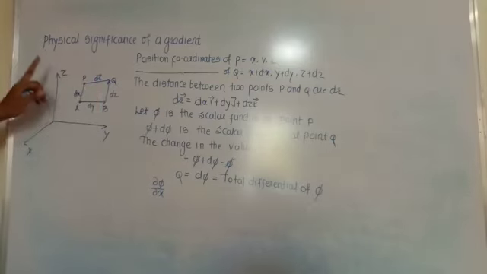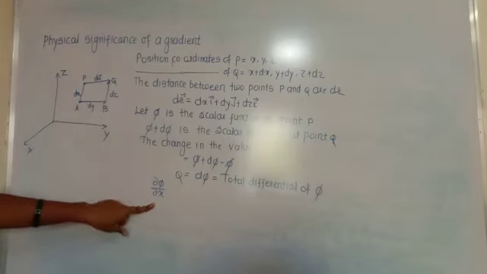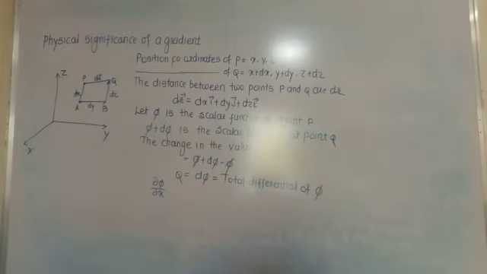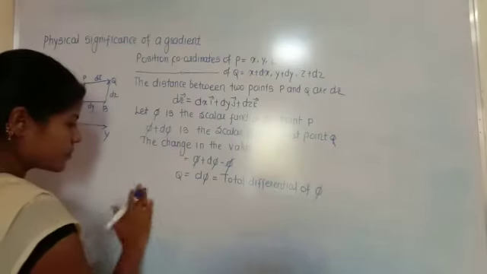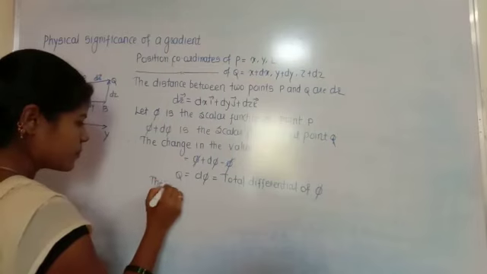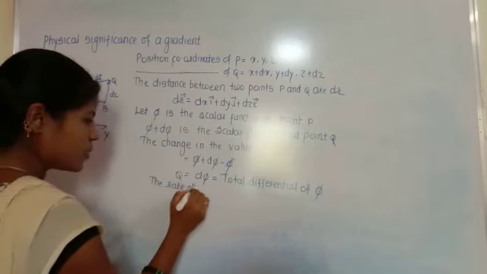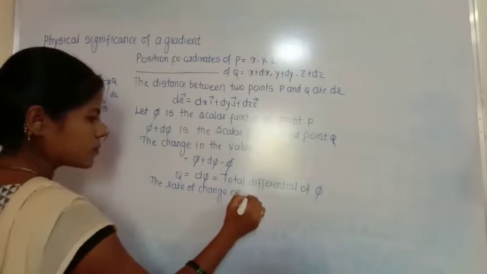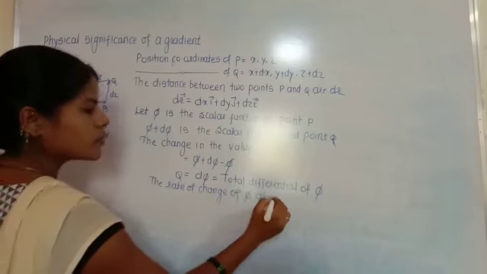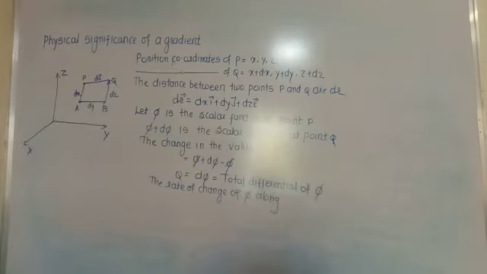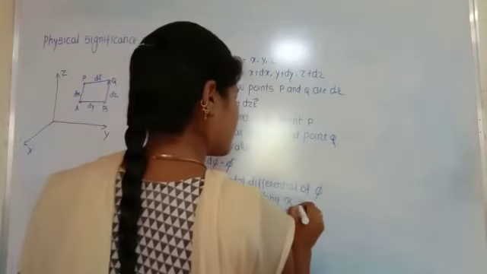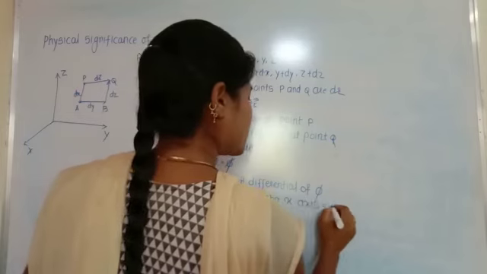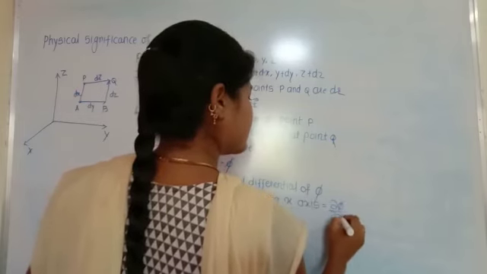So the rate of change of phi along the x axis is del phi by del x.